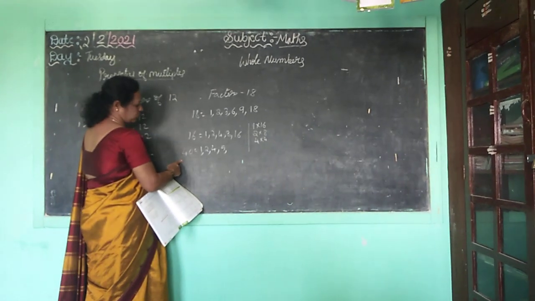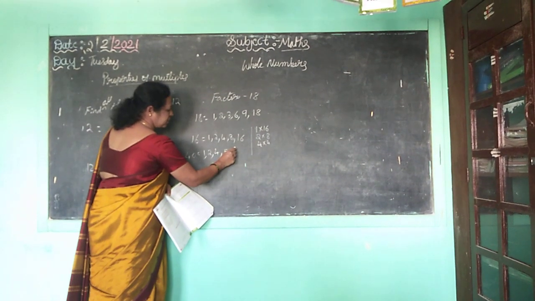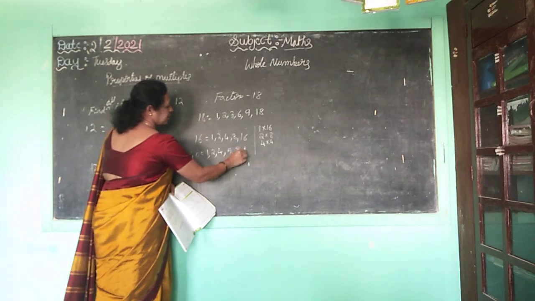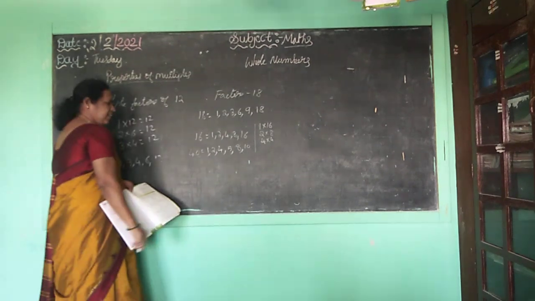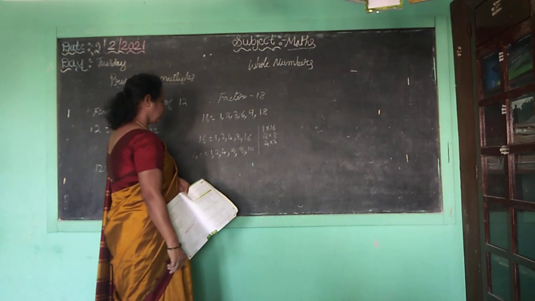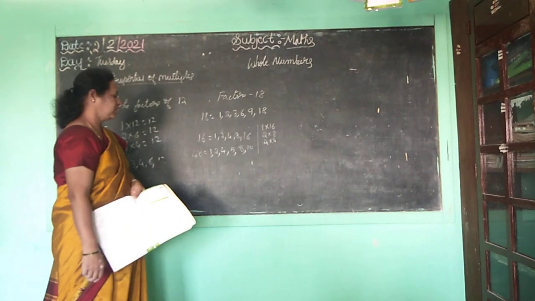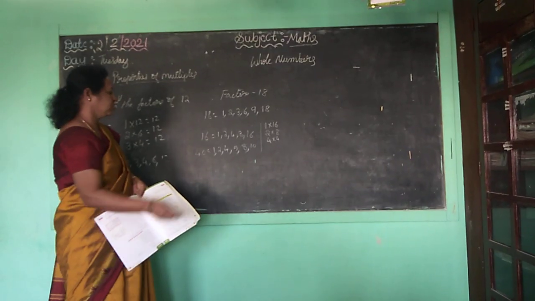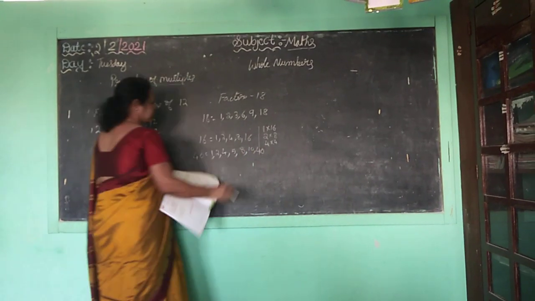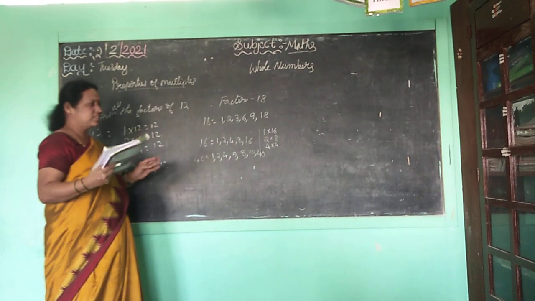From 6, no. 7, no. 8 fives are 40. 9, no. 10 fours are 40. 11, no, children. 12, 13, 14, no. 16, it will not go. 17, no. So next is 40 only. Okay. So the factors of 40 are the tables it will go in, and you have to write them here. Okay, children.